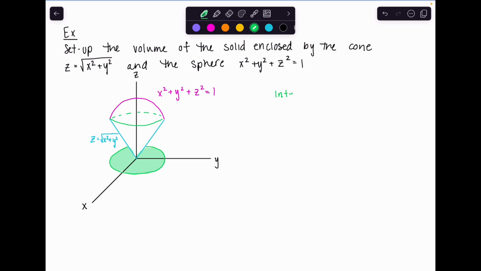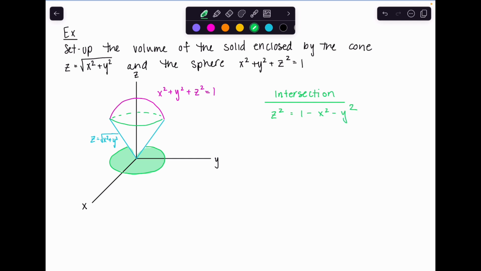So let's find what that intersection is. I'd first solve this for z, so then I could set it equal to this one. So z squared is 1 minus x squared minus y squared.